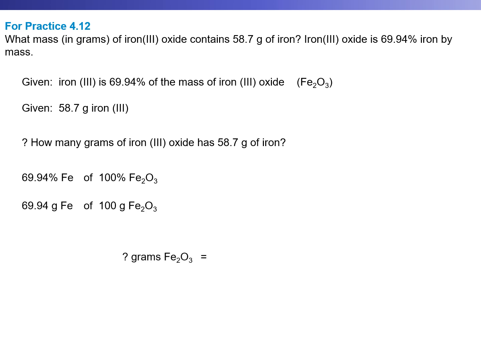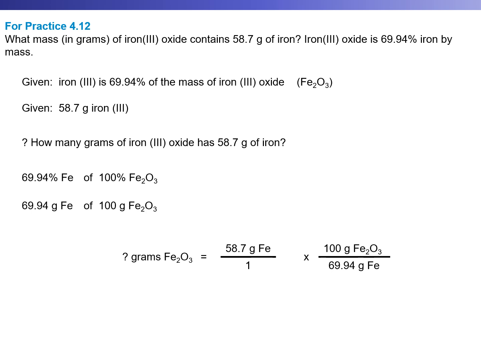So the question is how many grams of iron oxide does it take? Well, we can take our grams of iron and establish a conversion factor by saying that for every 100 grams of iron oxide, we're going to have 69.94 grams of iron. We're using this relationship right here to create a conversion factor. The units that you seek go on top.